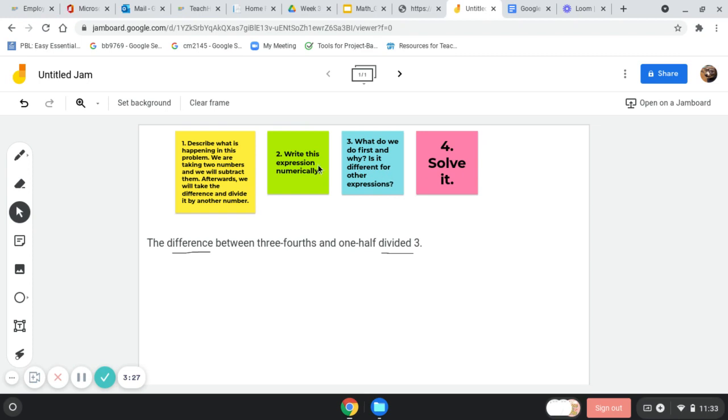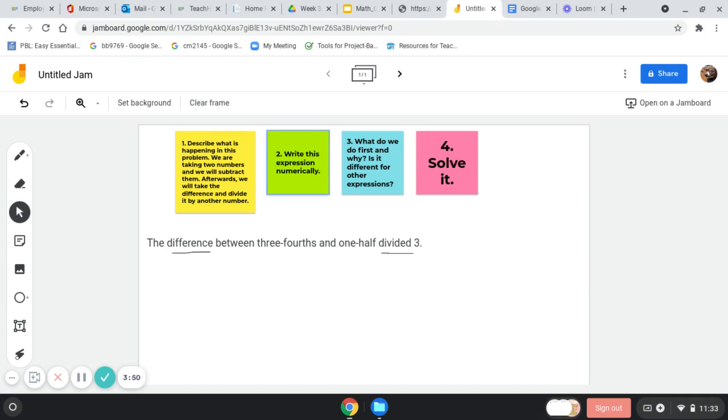Now we are going to look at the second one, and the second one says, write this expression numerically. Clearly we see that this numeric expression is not written numerically because we see words, with one little number at the end. But this is telling us that we have to write this whole entire thing in numbers.